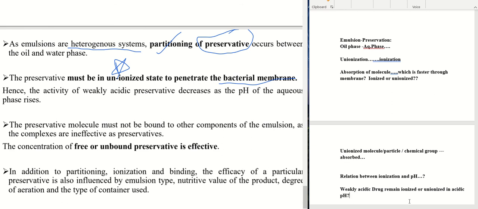How will the weakly acidic drug exist in acidic pH or acidic medium, ionized or unionized? Unionized.